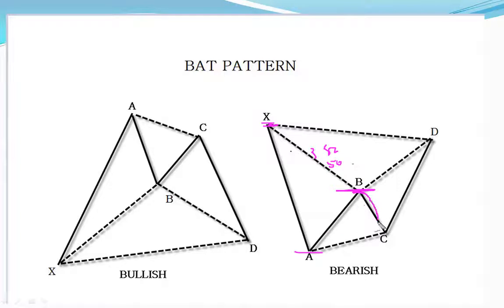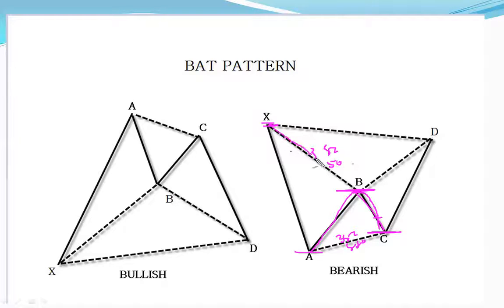On the way back down, it should hold a 382 to 886% of that market swing up. So from A to B down, you can get a 382 to 886 retracement of that swing.